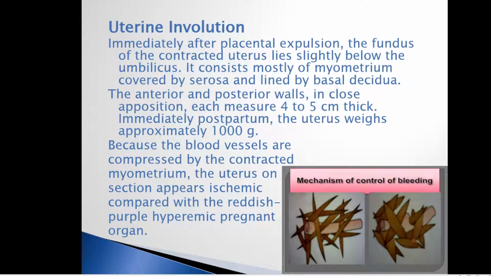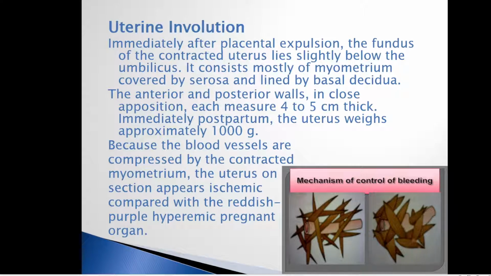Uterine involution. It's a very important question. Immediately after placental expulsion, the fundus of this contracted uterus lies slightly below the umbilicus. It consists mostly of myometrium covered by serosa and lined by basal decidua. The anterior and posterior walls in close opposition each measure 4 to 5 centimeters thick.